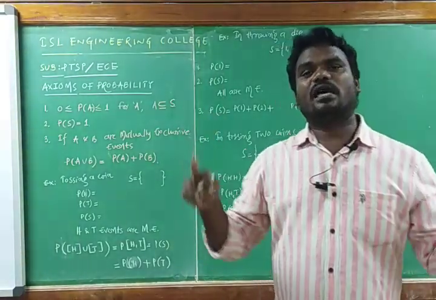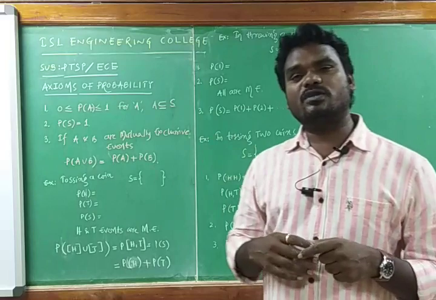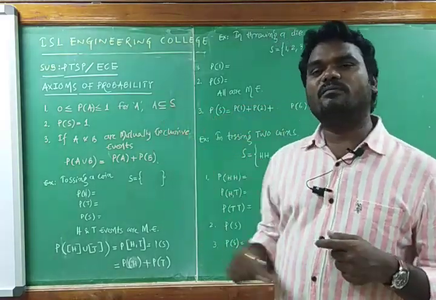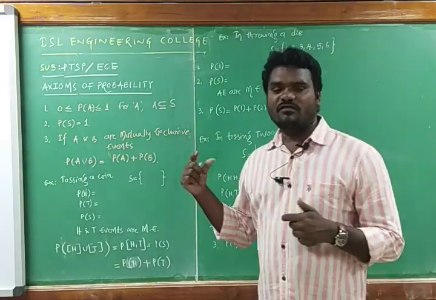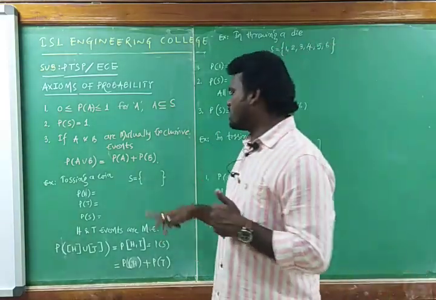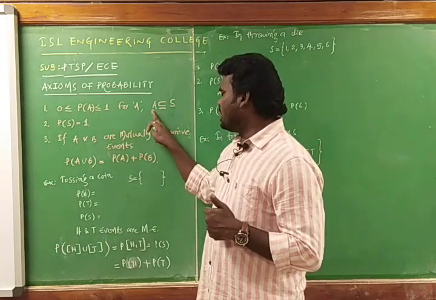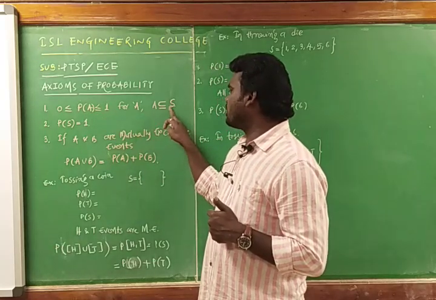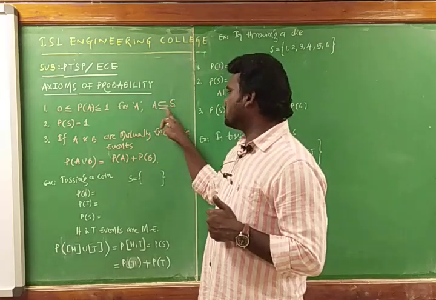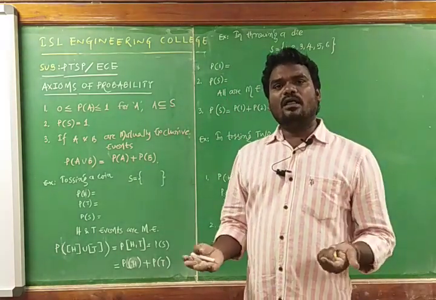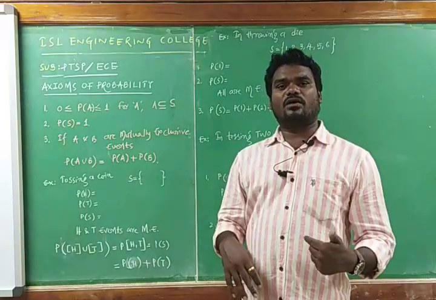That means we have a sample space in which we have some events. The probability of that event is given by this statement, and that event must be a subset of the given sample space. Sample space is the total number of possible outcomes.